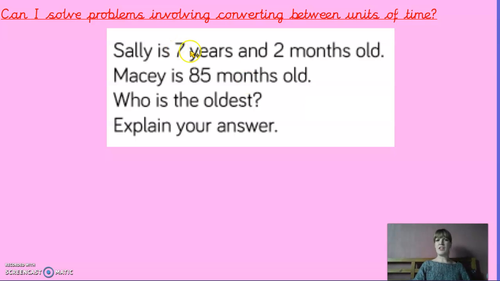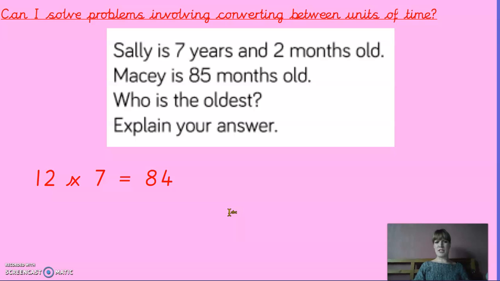But I think I might convert the 7 years and 2 months into months, because I know there are 12 months in 1 year. So I would have to do 12 times 7, because I've got 12 months there and I need to times it by 7. And that equals 84.